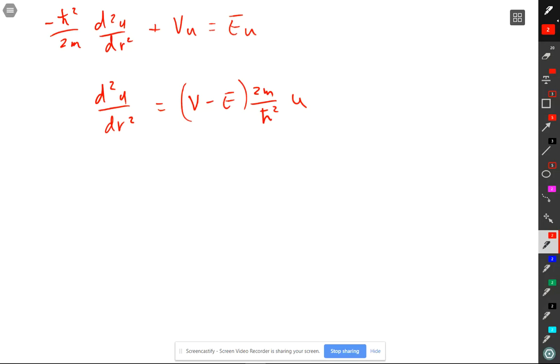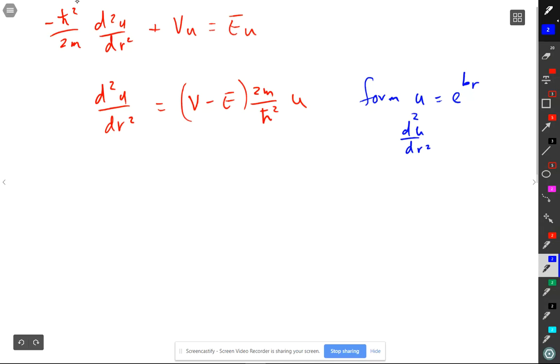So now our solution is going to have a form that we know. We know the solution has the form u is equal to e to the br. And so that means the second derivative of u is b squared e to the br. And we have an equation that says b squared u equals (V minus E) 2m over h bar squared u.